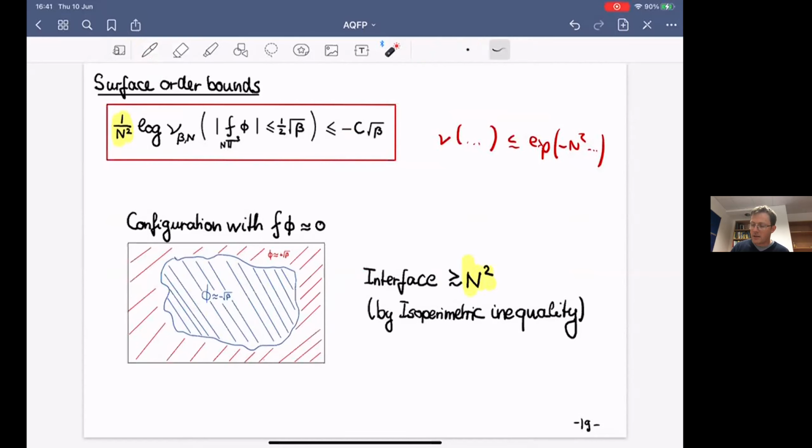Well, the easiest way one could imagine would be if you have one big blob in the middle where your spin is plus square root of beta, and then you have another area outside. I mean, this is a torus, right? You see my picture. So then outside you would have some other region of roughly the same size. You will have a strip, not a bubble. Sorry, Roman, I didn't understand still.